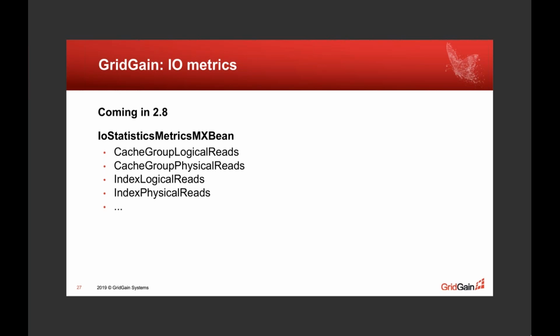For example, if you specify a wrong inline size parameter, you may find that you pretty often go to disk, and it can be a signal for some issue that needs to be identified.